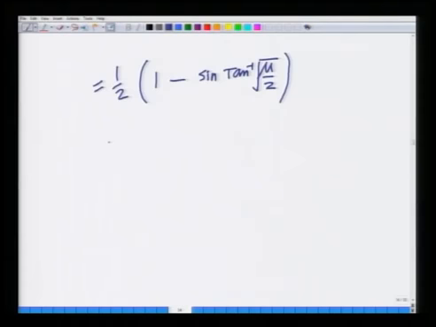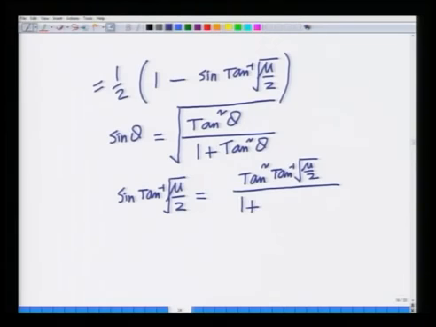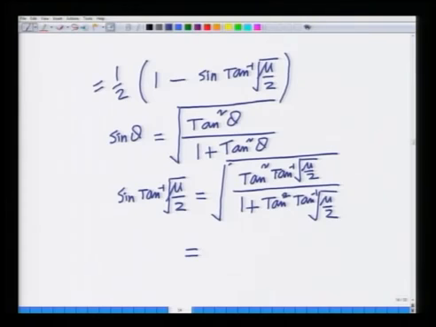All right. Now, this can be simplified as, remember, sine of theta is the square root of tan square of theta divided by 1 plus tan square of theta, which means sine of tan inverse square root of mu over 2 can be written as the square root of tan square of tan inverse square root of mu over 2 divided by 1 plus tan square of tan inverse square root of mu over 2, and this is now simply, we can see, tan of tan inverse x is simply x.